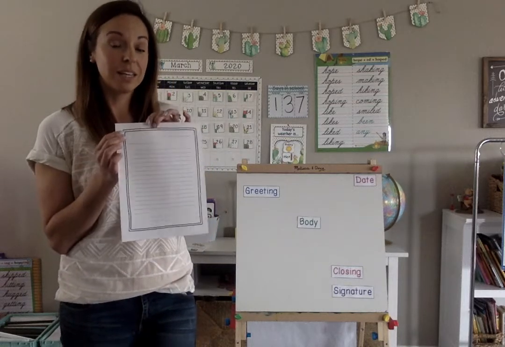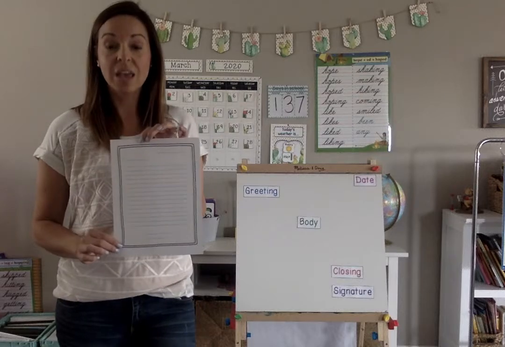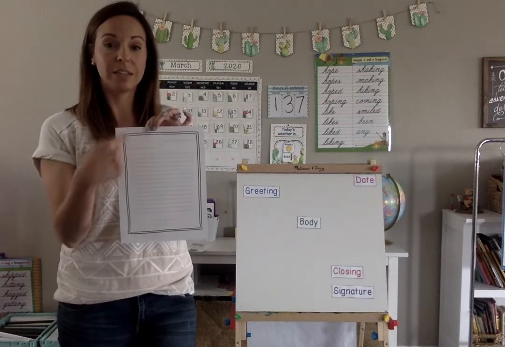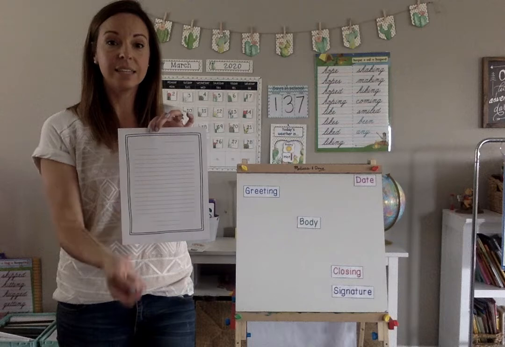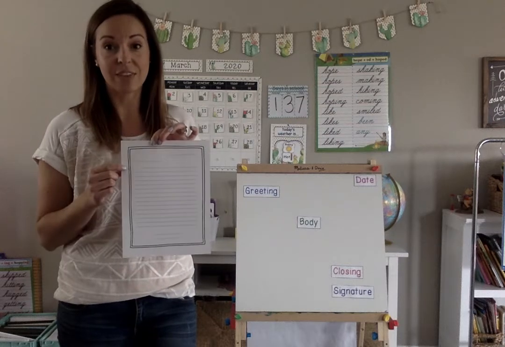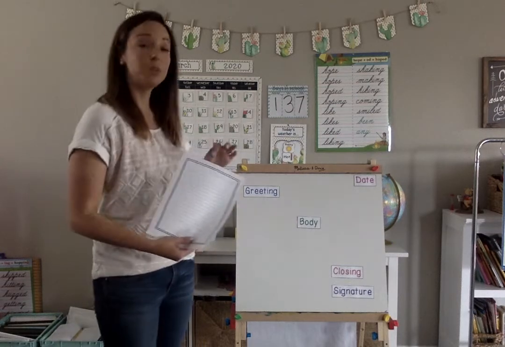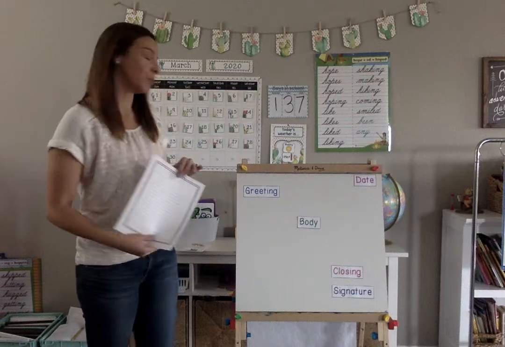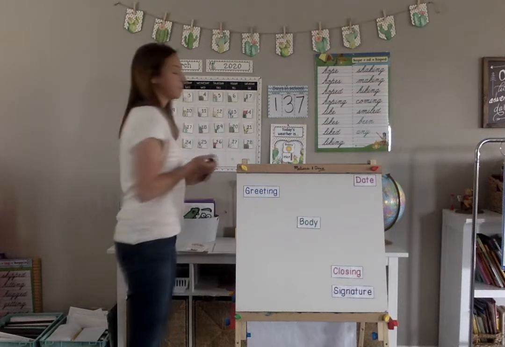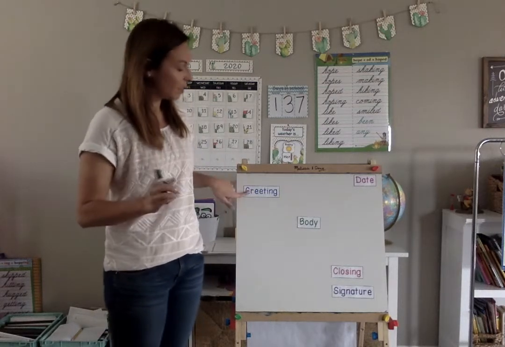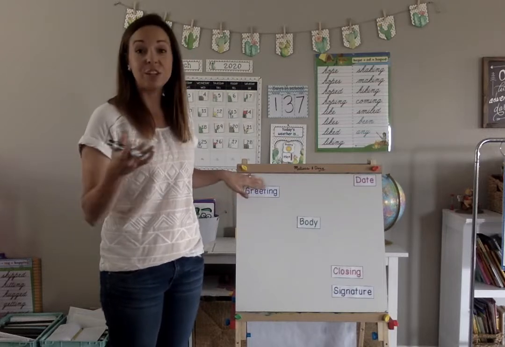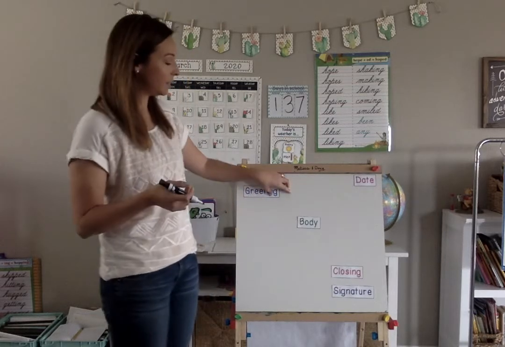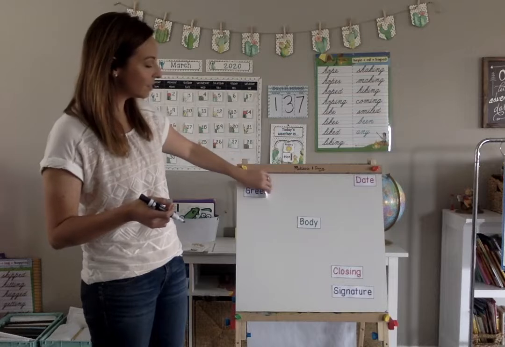So you take your paper and your pencil, and we are going to do the greeting, the date, the closing, and the signature together. And you do it on your paper while I do it on the whiteboard. So my greeting, and your greeting as well, is going to say, Dear Scruffy.